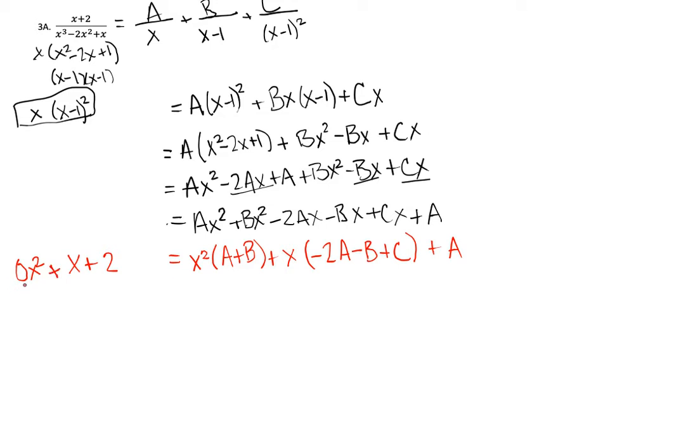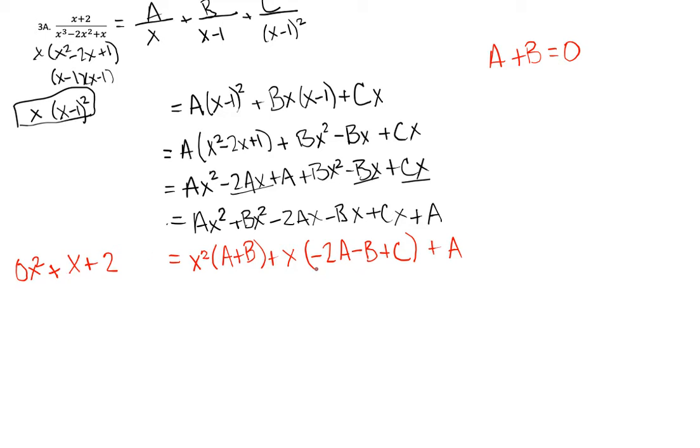If there was a different one, we would set A plus B equal to whatever's being multiplied to the x squared. But right now, we're only able to set it equal to 0. So I will write A plus B has to equal 0. Then my x, 1 is being multiplied to x.